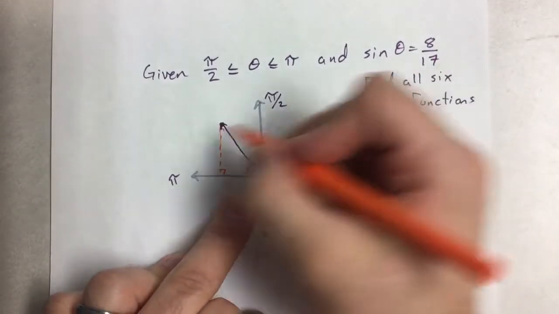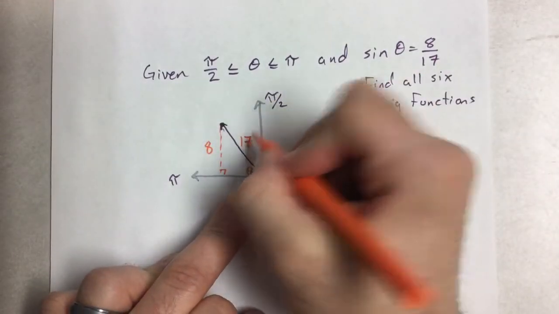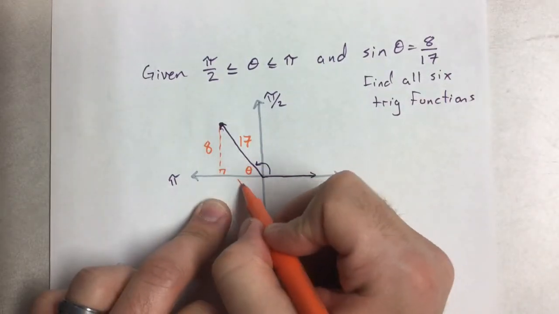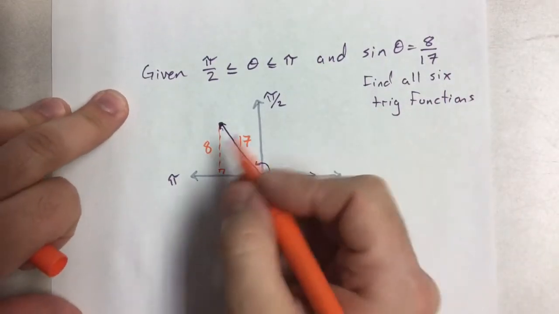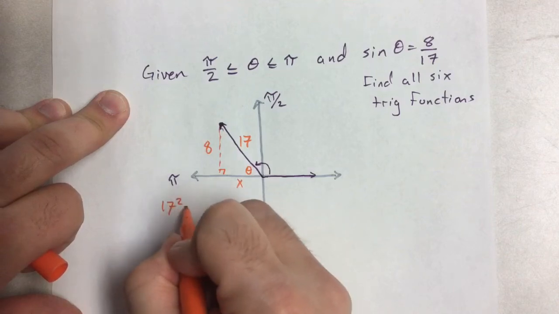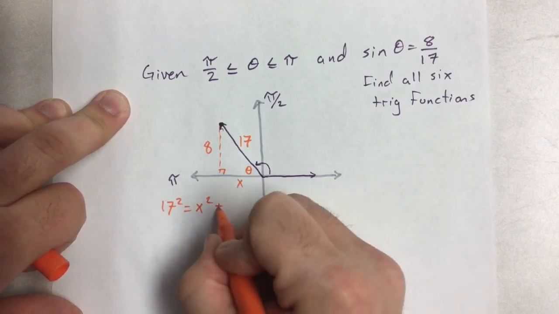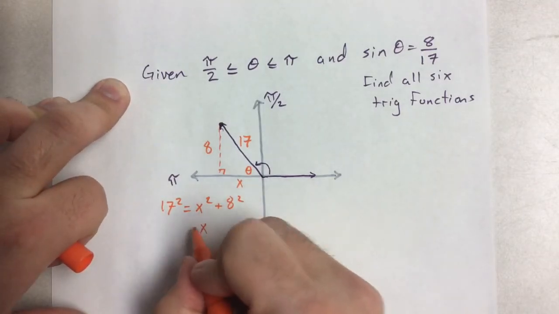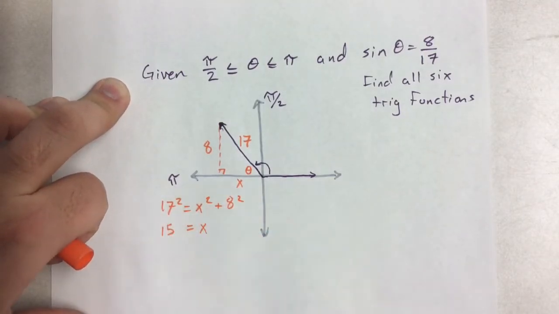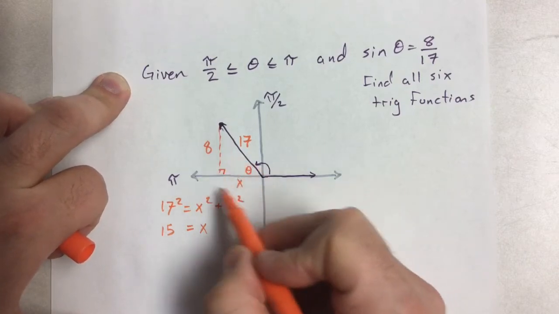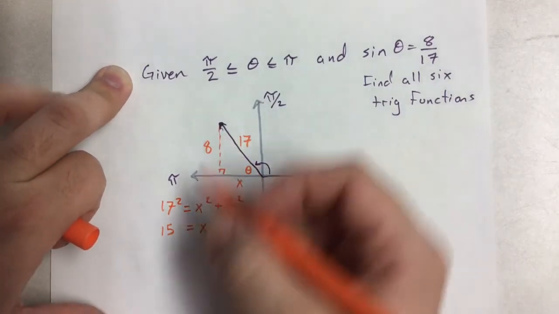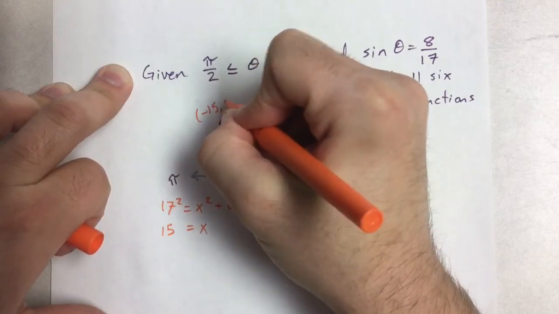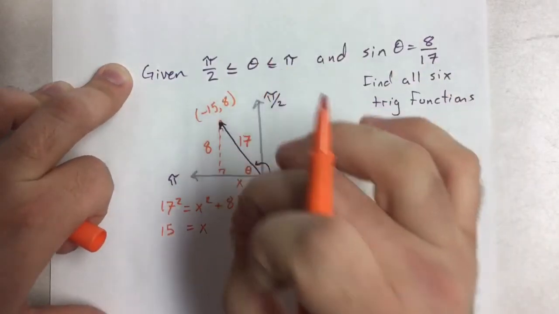Sine of theta would be 8 over 17. So we need all 6 trig ratios, so I would need to find our x value. So Pythagorean theorem. And solving this, you get x to be 15, but we have to recognize which quadrant we're in, so this essentially will be a negative 15 because of the quadrant we are in.